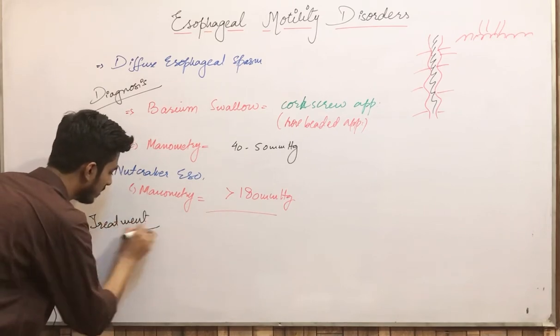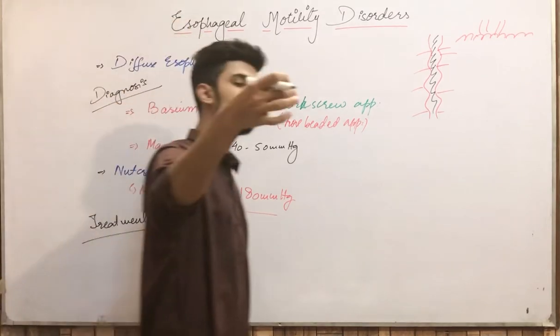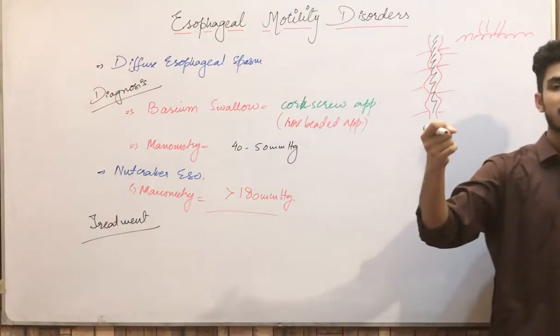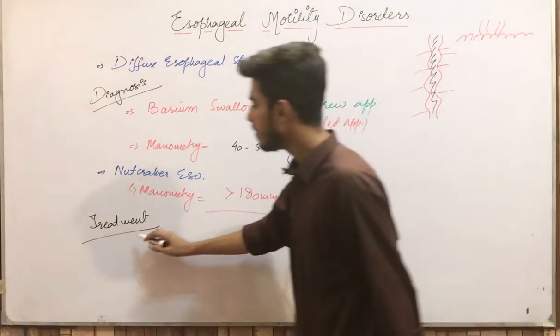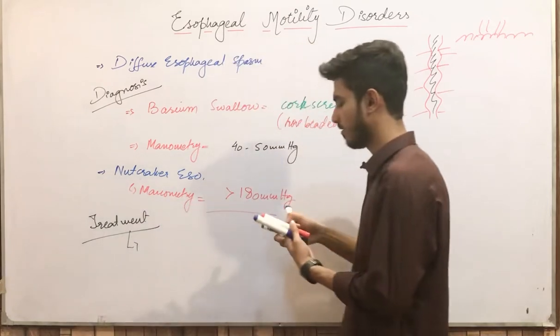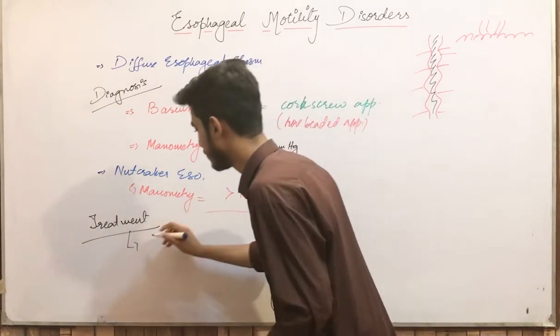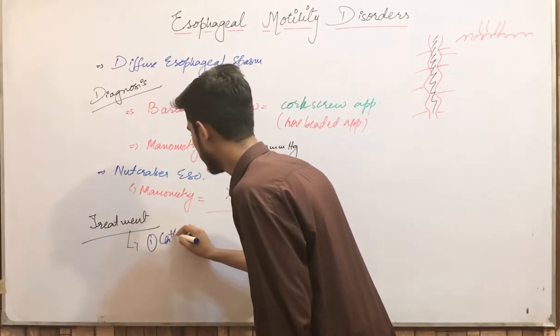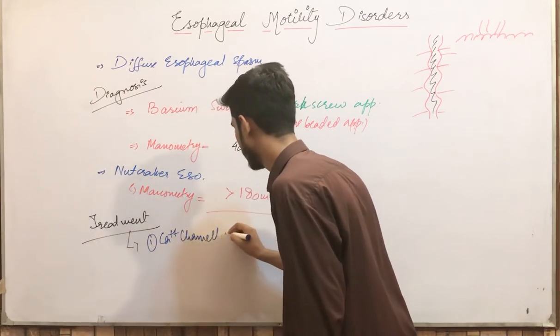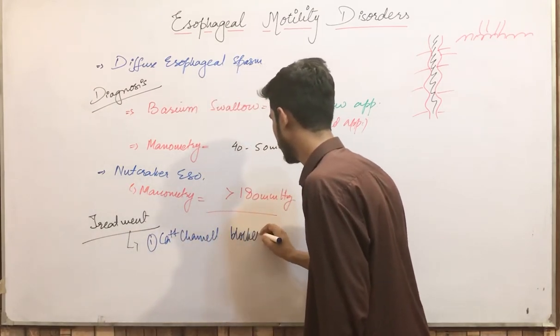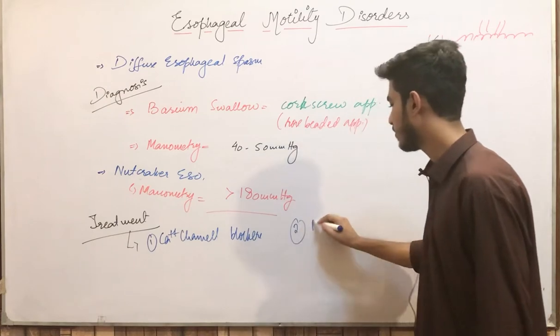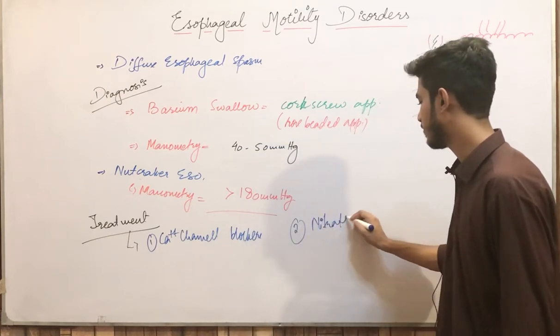As the distal part of the esophagus is contracted in both conditions, how will you overcome the contraction? There are treatment options. Number one, you will give calcium channel blockers. Clear? First of all, you will be giving the calcium channel blockers. You can also give nitrates.